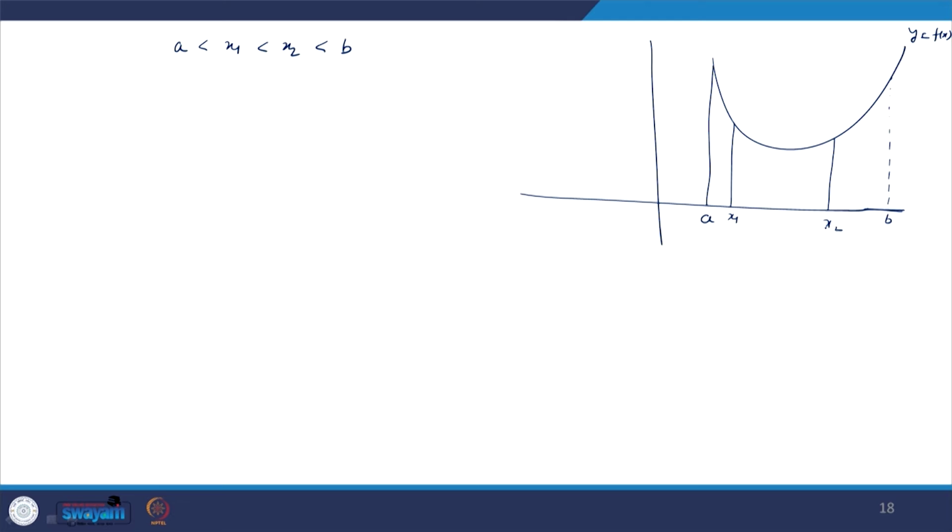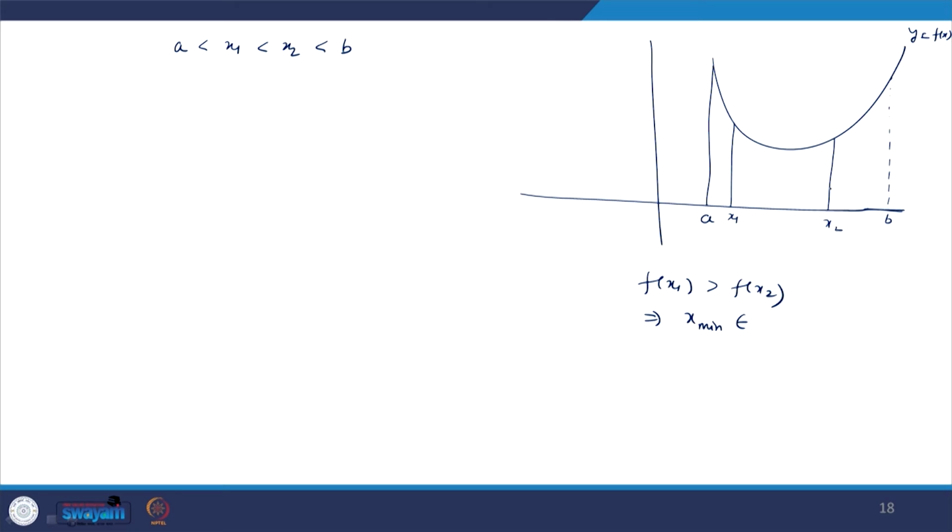In this case f(x1) is more than f(x2), because this height is more than this height. So, which interval does the minimum belong to? The x minimum is somewhere here.